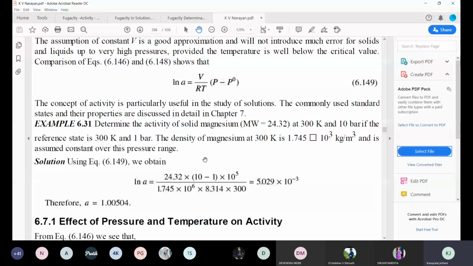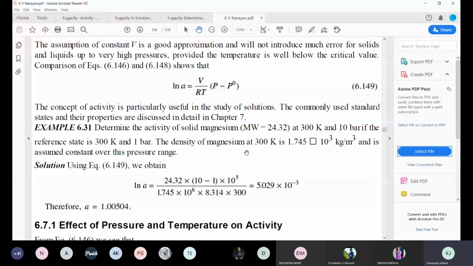ln of A is equal to V, what is V equal to? What is capital V? What does capital V represent? The volume. Molar volume, because we have taken PV equal to RT ना, so it is molar volume. So molar volume कैसे निकालेंगे density से हम? Molecular weight by density.